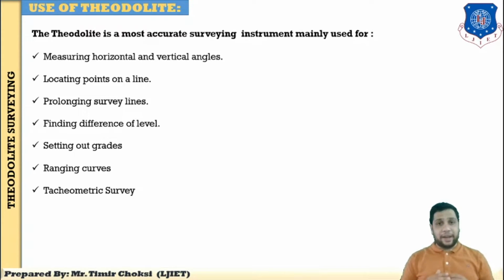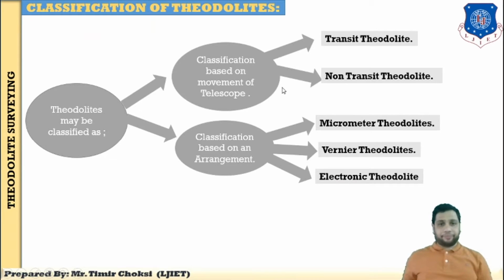Finding the difference of level: we already use the dumpy level, but here a dumpy level is not necessary, and the theodolite is used. Setting out grades, ranging curves, and tachymetric surveying. These are the applications done with the instrument called the theodolite.